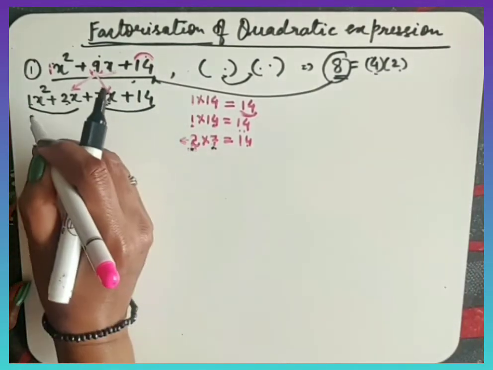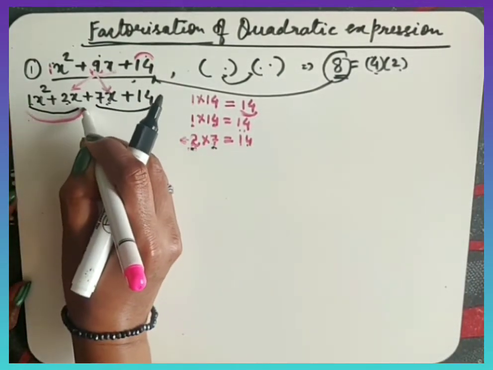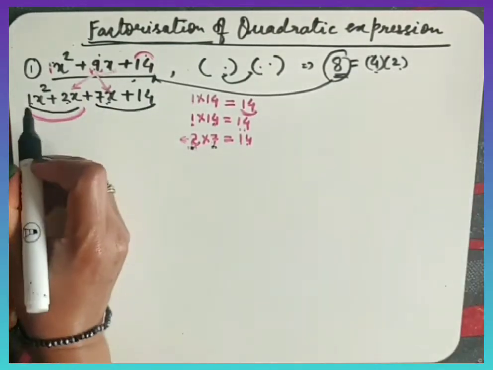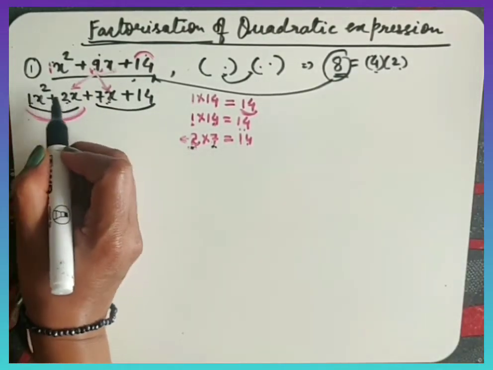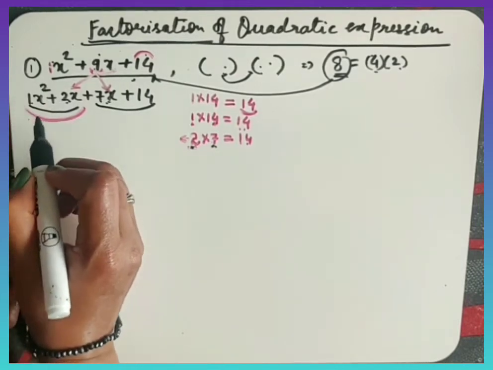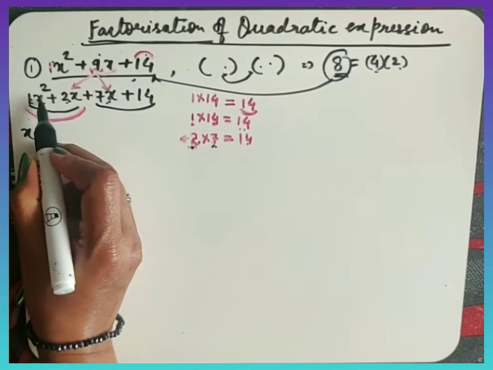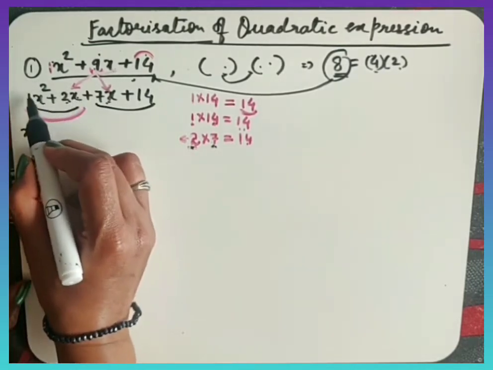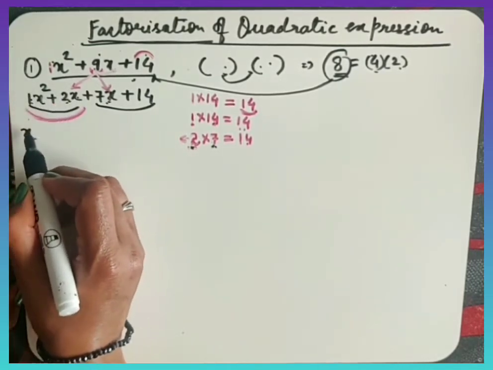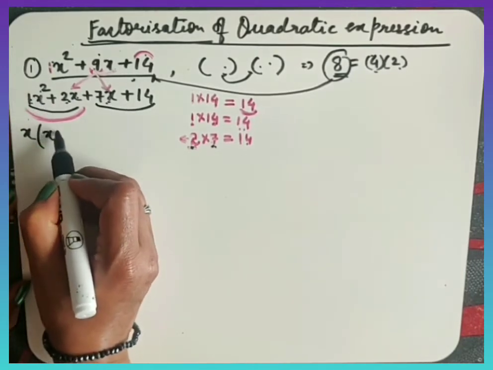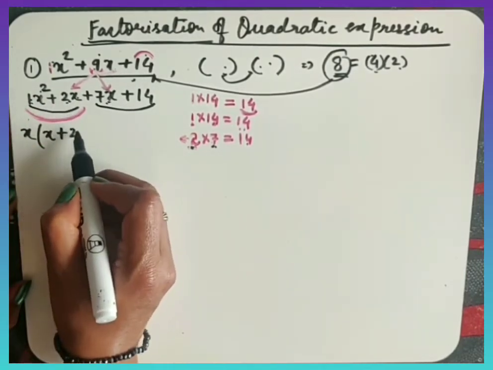Now take the first 2 terms and take the highest common factor between them. Between these two terms we can take x as common: x square and x, in numbers I can't take anything, so I can only take x common. What is left here is x and plus 2.